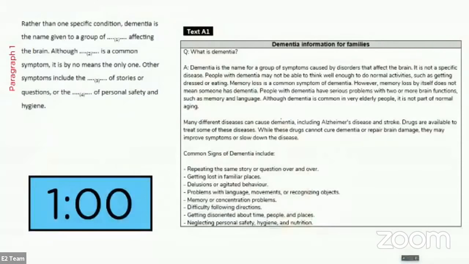Let's do another 30 seconds. Actually, have another 30 seconds just to make sure you've got it right.